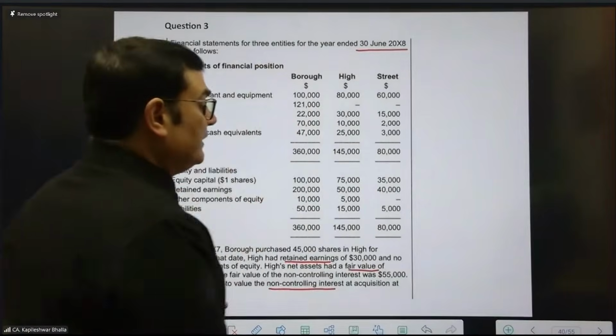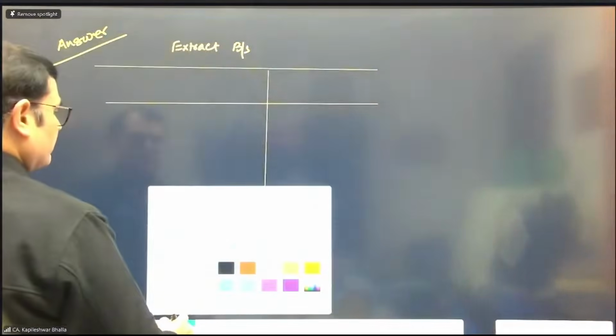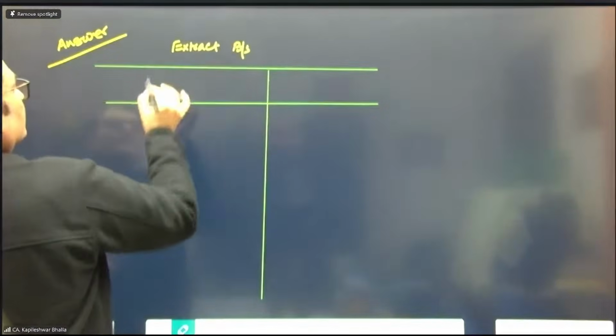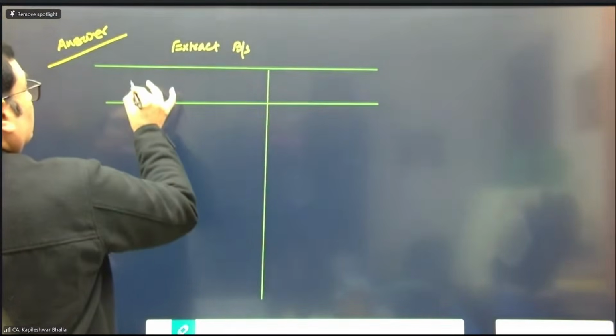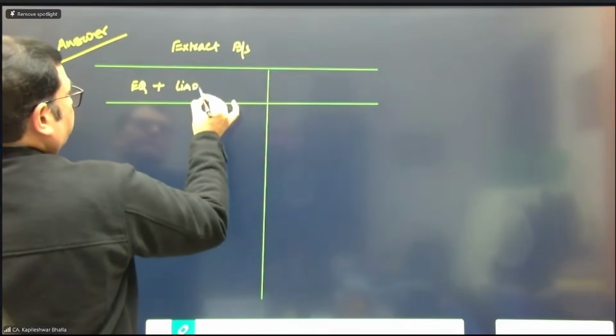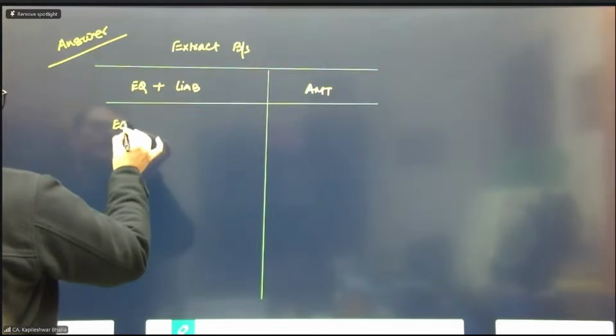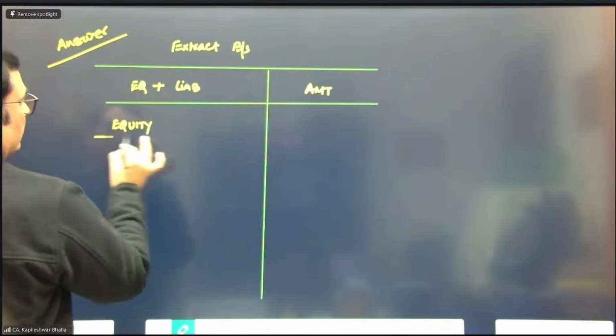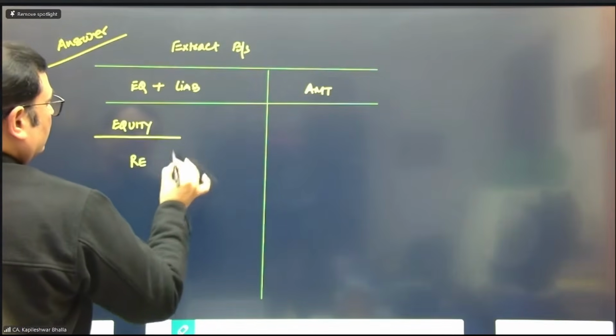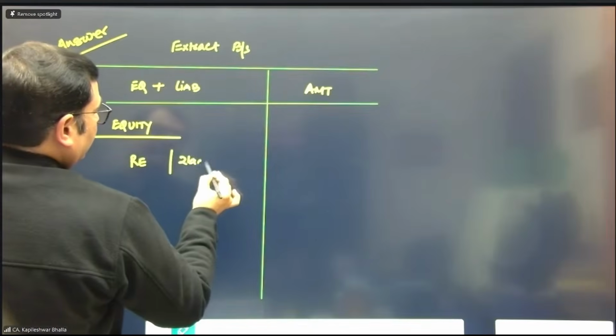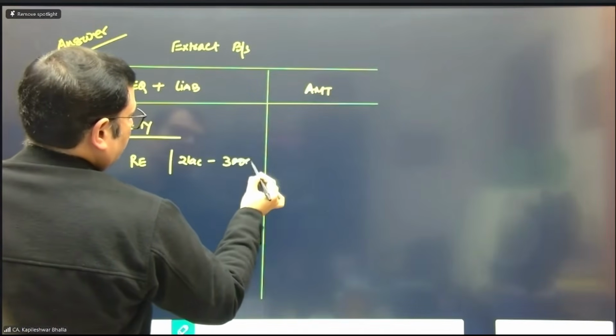The retained earnings of B is 2 lakhs. So I will make the changes in the balance sheet. So let's make the changes on the equity and liability side. So on the equity side, we need to make the changes in the retained earnings. The retained earnings are 2 lakh, reduce this 30,000.